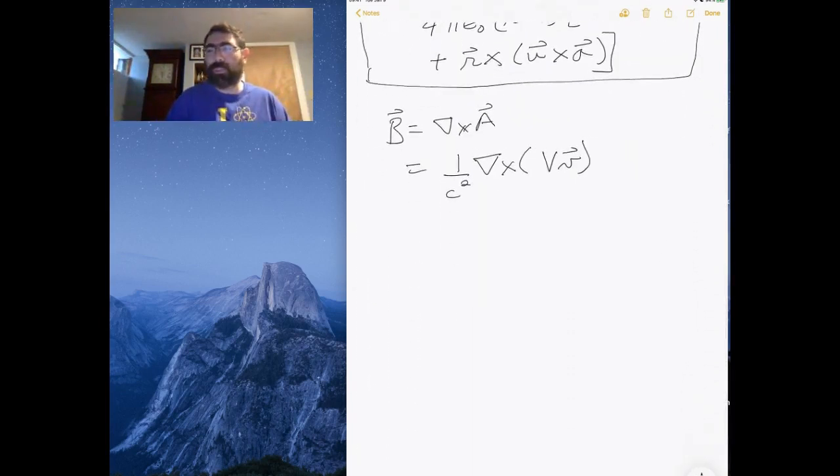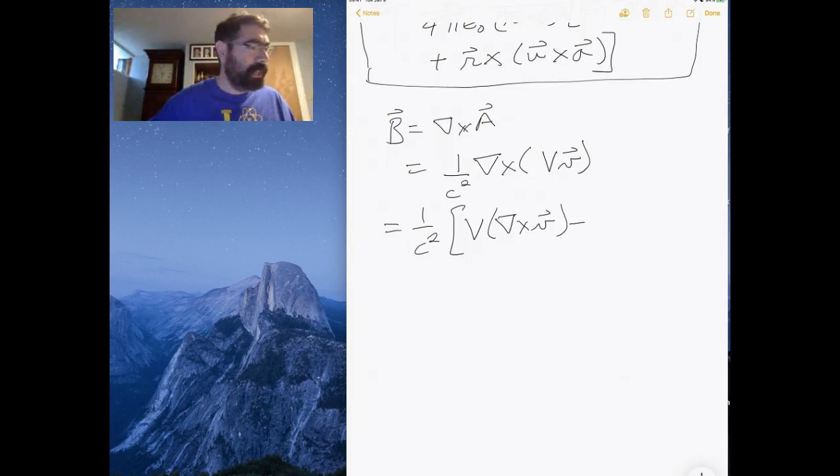So now what I'm left with is the curl of V times the velocity, which I now have to write out the terms for the chain rule. So what I get is V times the curl of the velocity minus v crossed into the gradient of the potential.